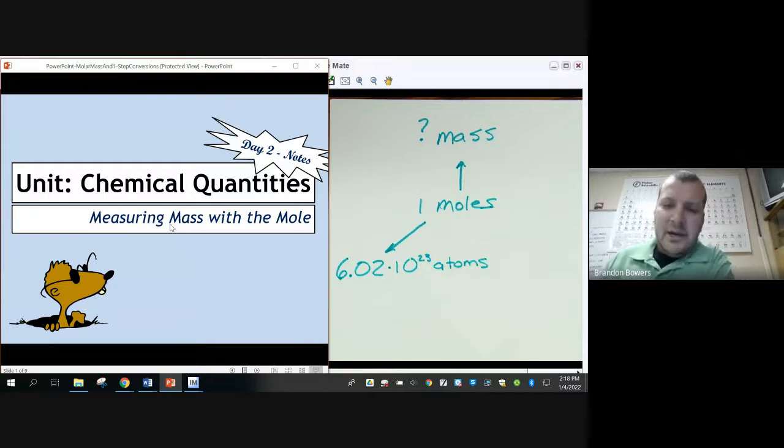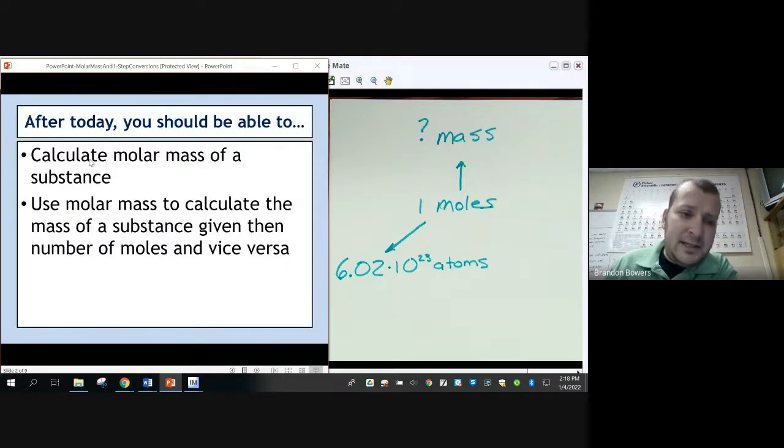If you got your guided notes out, go ahead and follow along. If you need to pause at any point, please do so. After today, you should be able to calculate molar mass and convert that to moles and vice versa.